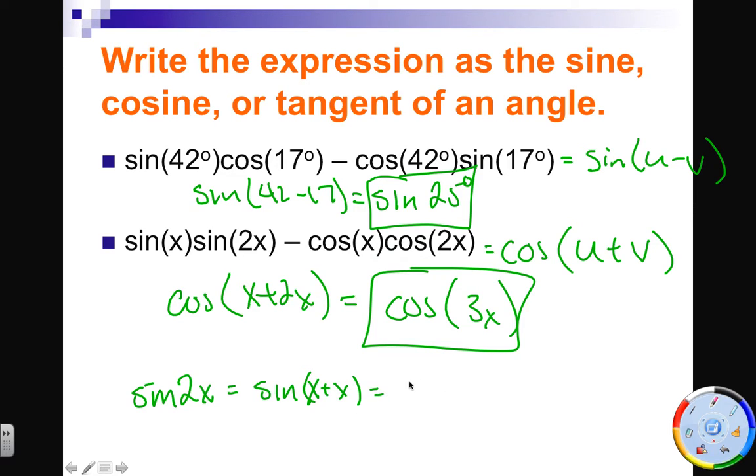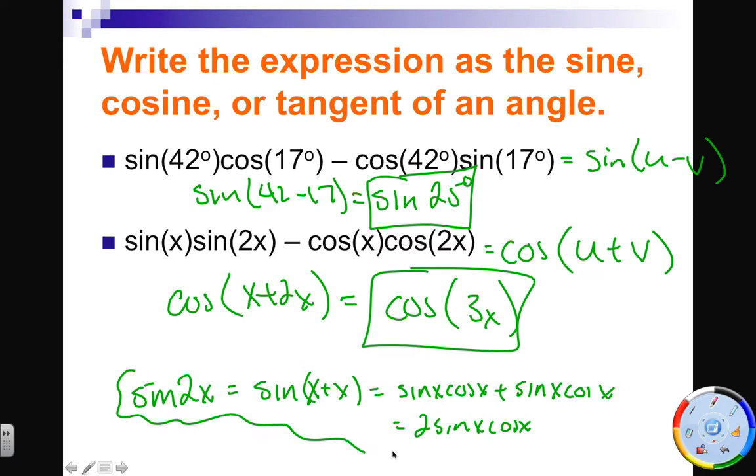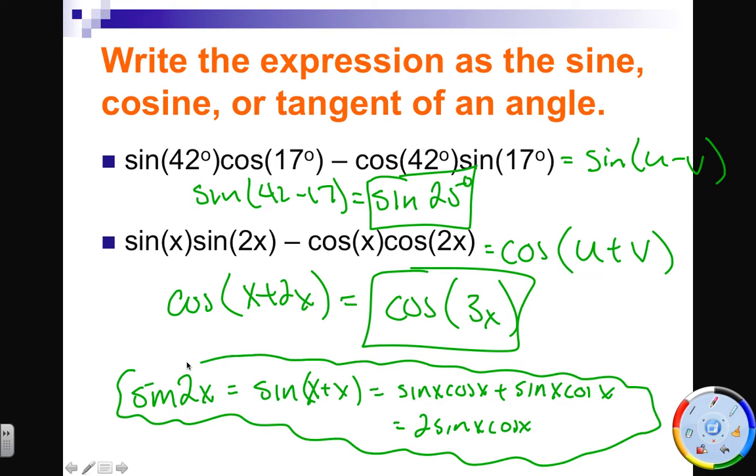And you could actually write this as, let's say, okay, sine x cosine x plus sine x cosine x. And I get 2 sine x cosine x. Very useful one. This actually ends up being one of our identities in a few minutes here, so keep that in the back of the mind. We can rewrite 2x as the sum of x plus x.